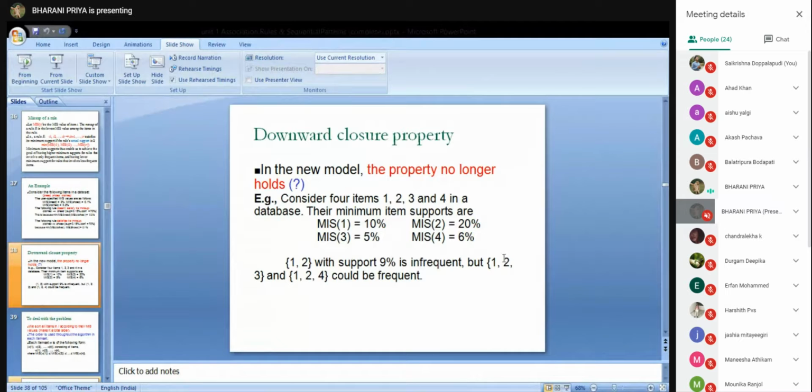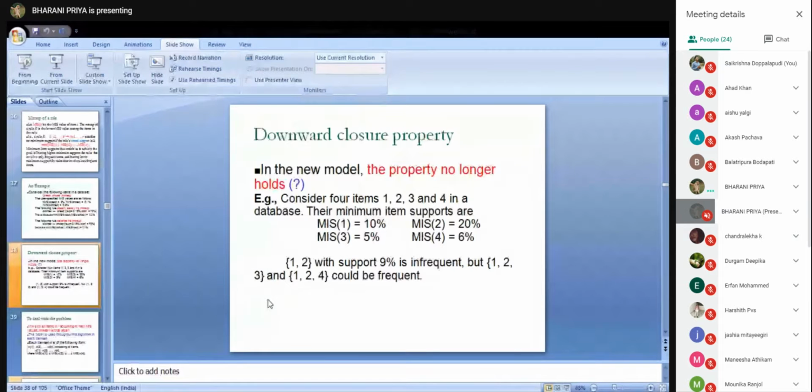But take 1, 2 and 3. Consider that the support of 1, 2 and 3 is 9% only. The minimum of MIS of 1, MIS of 2 and MIS of 3 is 5%. This value is less than our 9%, so you can consider 1, 2 and 3. The downward closure property no longer holds when you use MIS values.